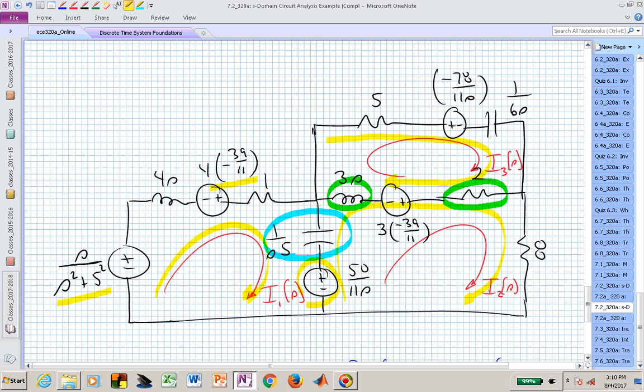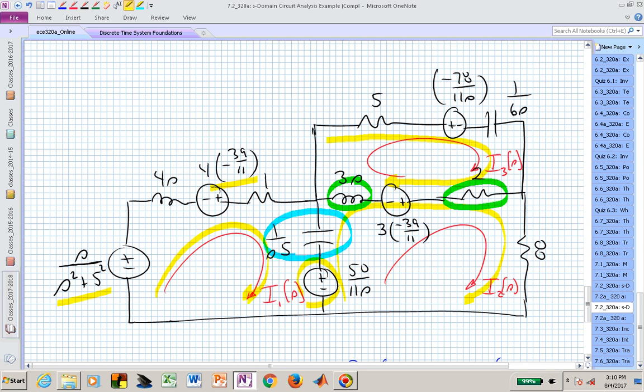The s over s squared plus 25, if we increase that, that's going to make I1 bigger. So that will come in with a positive sign. The 4 times minus 39 over 11, just keep that as a quantity and say, okay, that now, if it increases, it would also make I1 increase, so let's add that algebraically with a plus sign.